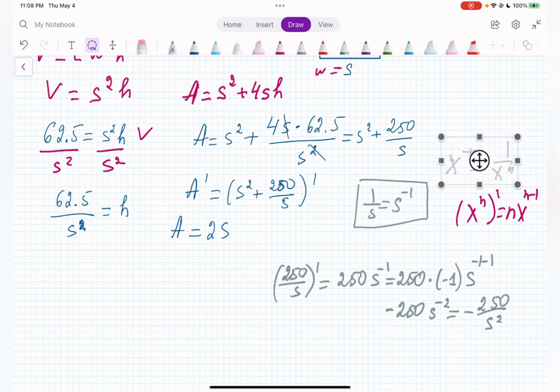Okay? All right, so in our case, it's going to be minus. That's why plus converts into minus. Okay, so it's going to be 2S. This is S.